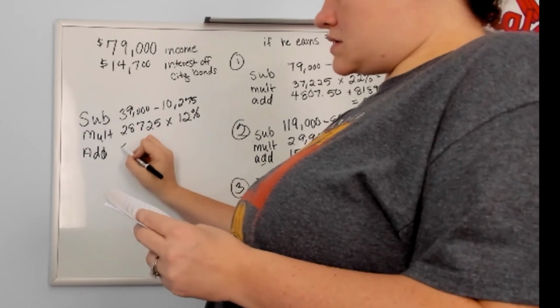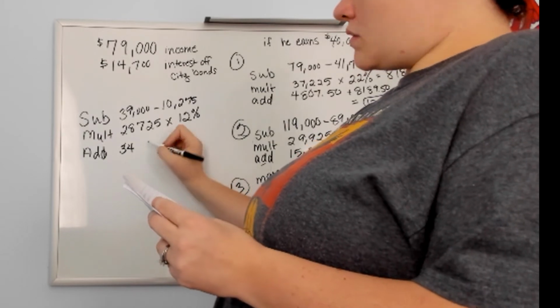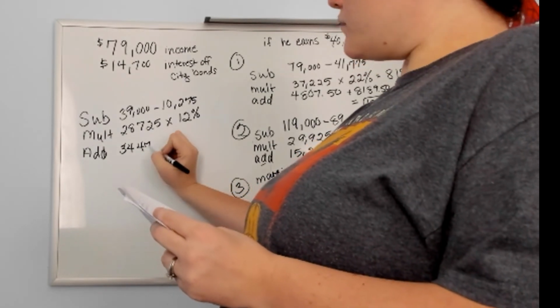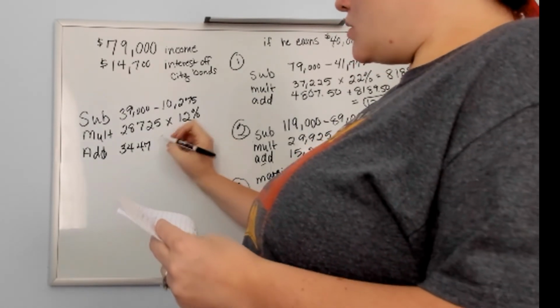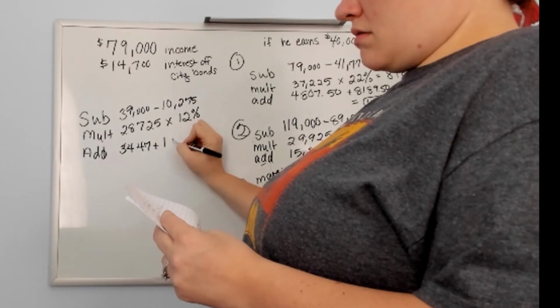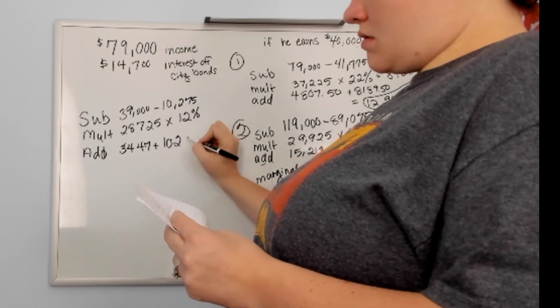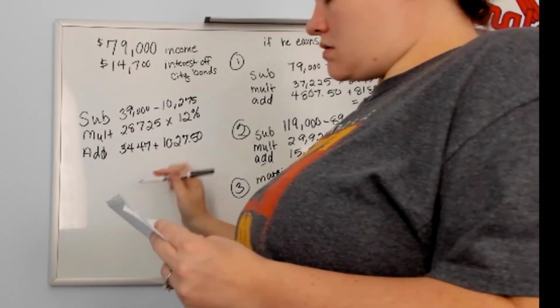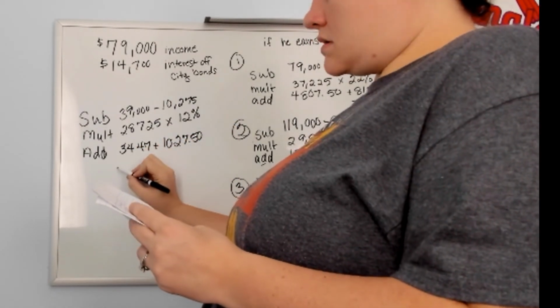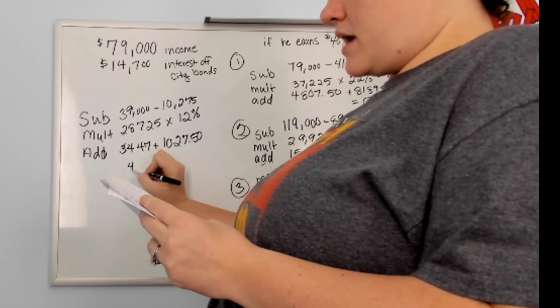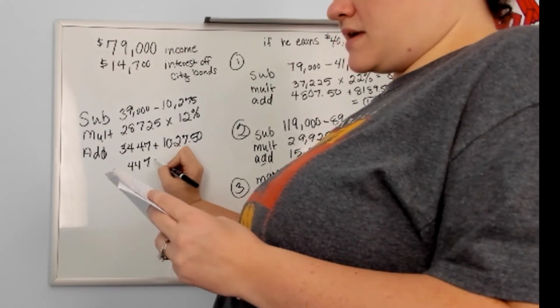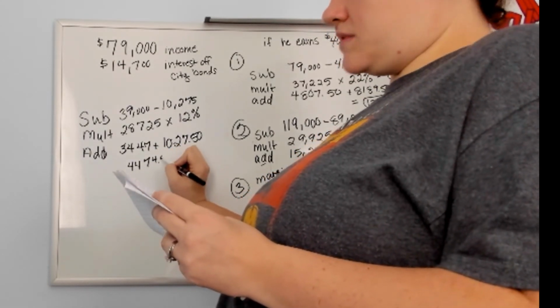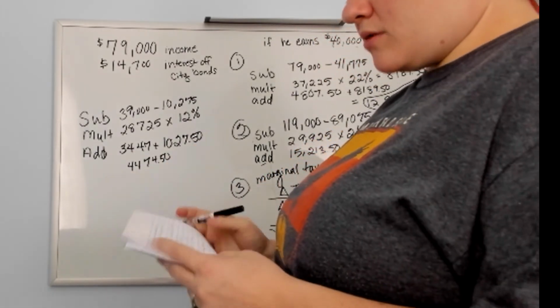It's going to give us $3,447. We're going to make sure that we add in what was from the tax sheet. That gives us $4,474.50 as his tax amount.